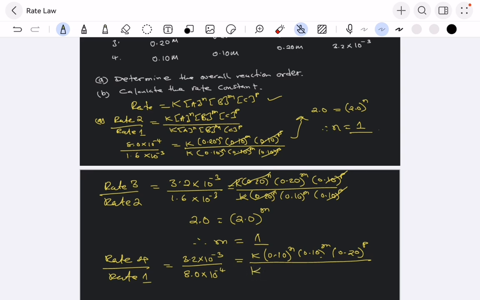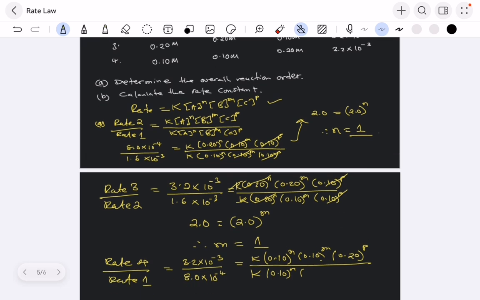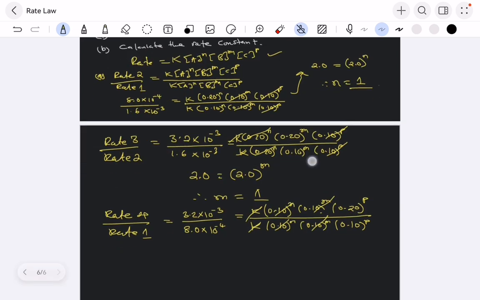Then experiment 1 gives us 0.10 on N, again 0.10 on M, then 0.10 on P. So these and these will cancel, that and that will cancel, the K and the K will go.